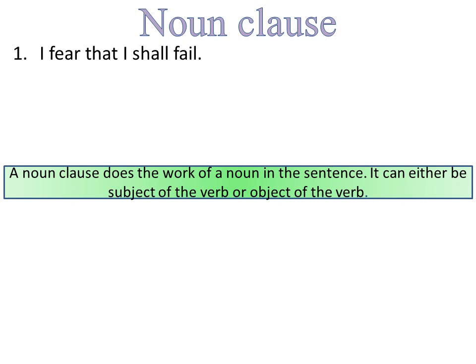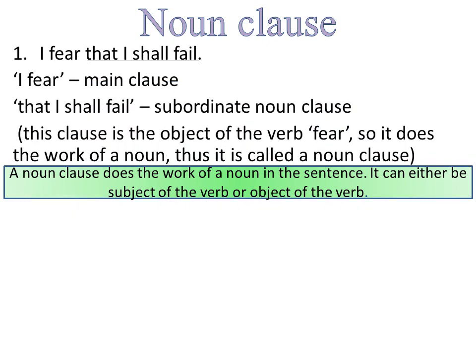And if you ask the question what do I fear, you get the answer that I shall fail. Thus, the fragment that I shall fail becomes the subordinate noun clause which is taking the form of object in a sentence. Therefore, I fear is your main clause and that I shall fail becomes the subordinate noun clause.